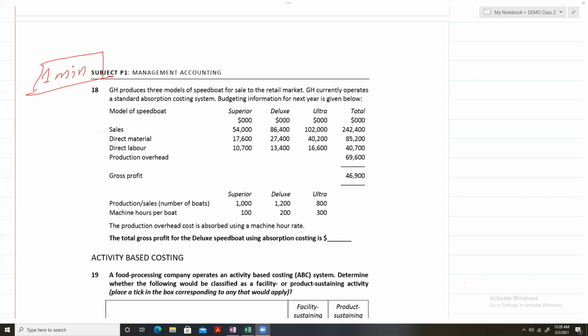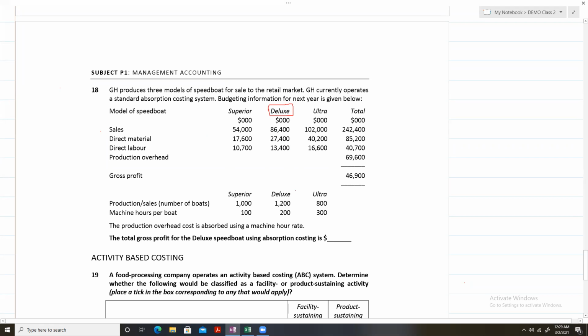Okay, so before taking the break, I put question number 18 in front of you. The first thing I told you about this question is that the main thing we need to do is to find out what amount of overheads will be absorbed by the deluxe model of speedboats.